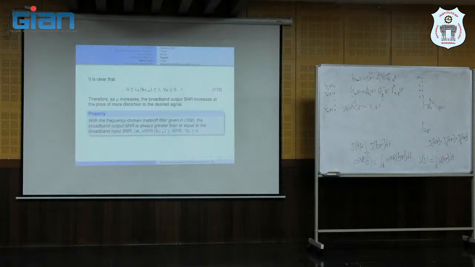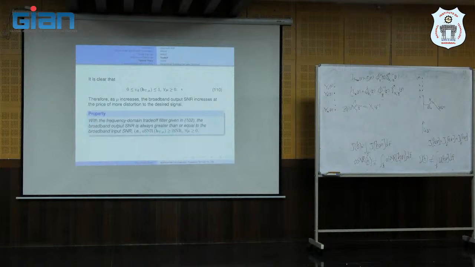So with the MVDR, do we always get improvement of the output SNR, or sometimes we don't get improvement? What are the differences? Under which conditions do we improve the output SNR, and under which conditions can we not improve the output SNR using the MVDR? Think about the noise subspace.